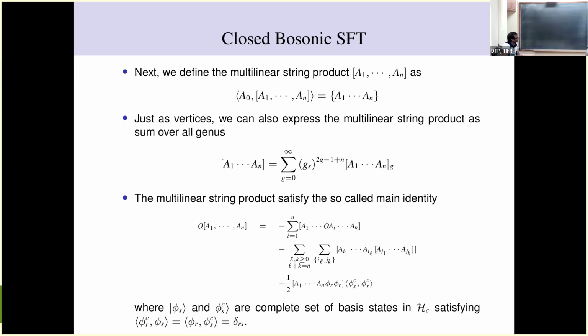What is the physical interpretation of this identity? Suppose you act with Q. You can convert this identity in terms of this curly bracket.